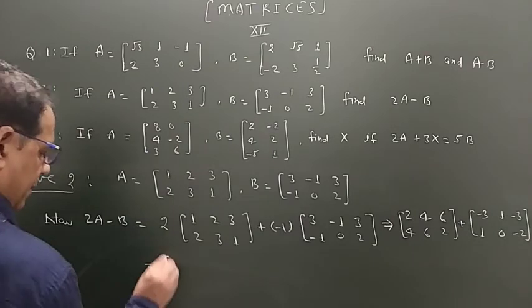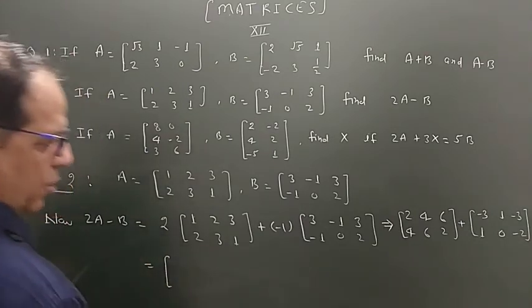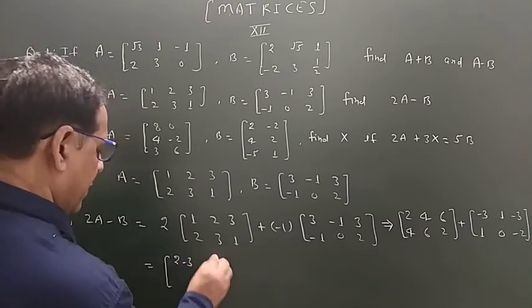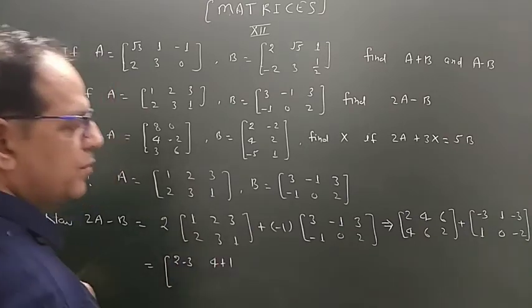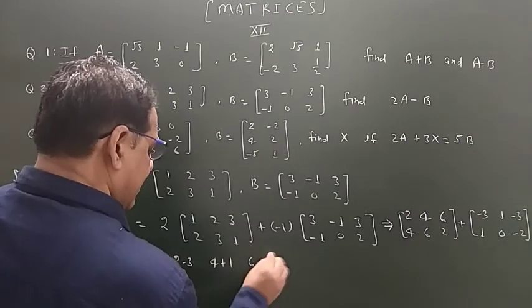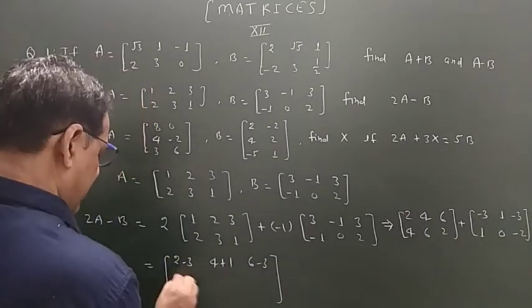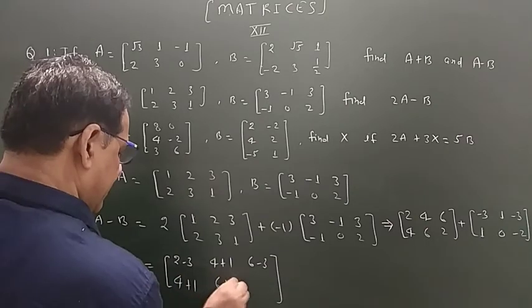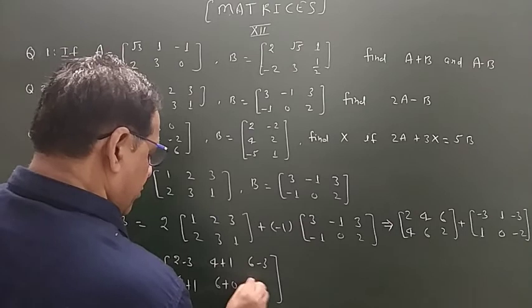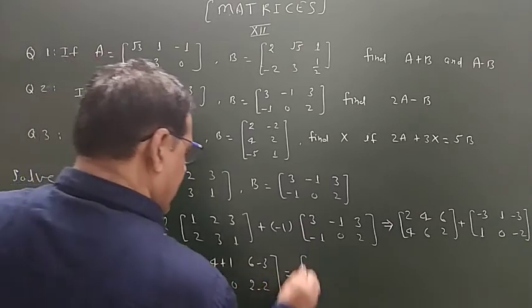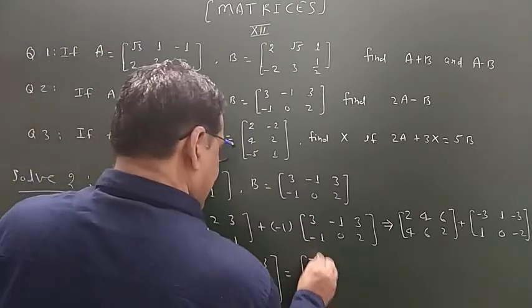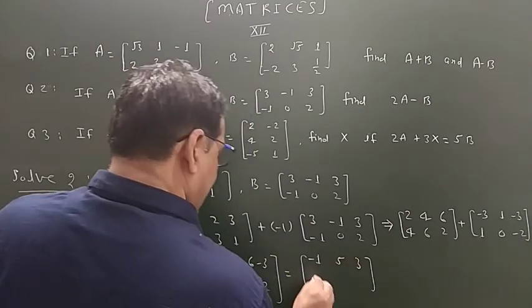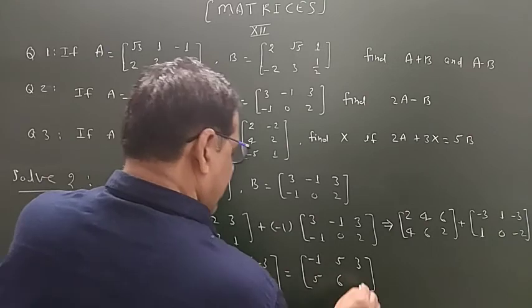Now 2 minus 3, 4 plus 1, 6 minus 3, 4 plus 1, 6 plus 0, 2 minus 2. So this equals [minus 1, 5, 3; 5, 6, 0].